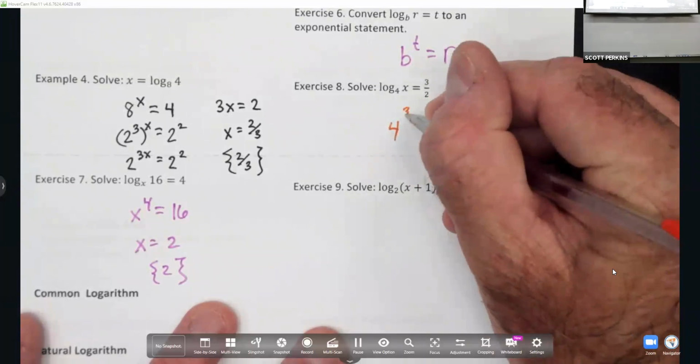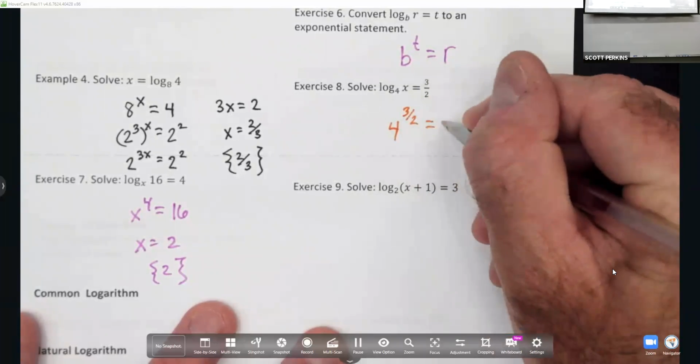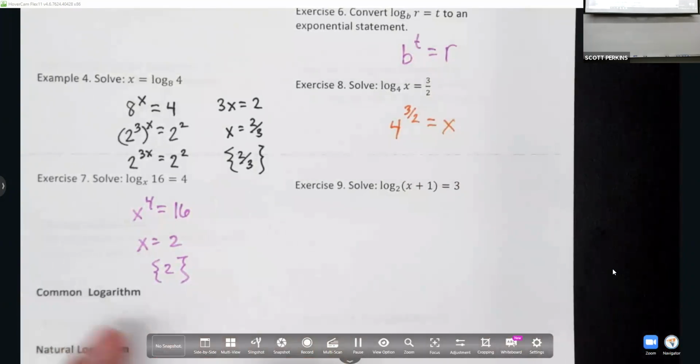My exponent is 3/2, and that's equal to x. So there's not much to do to solve this other than evaluate 4 to the 3/2 power.